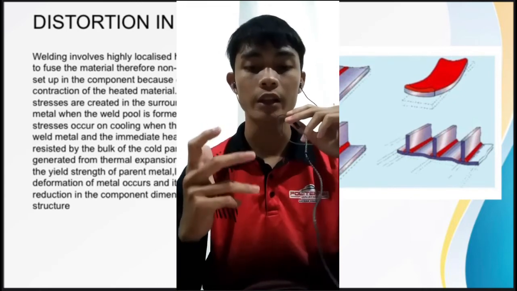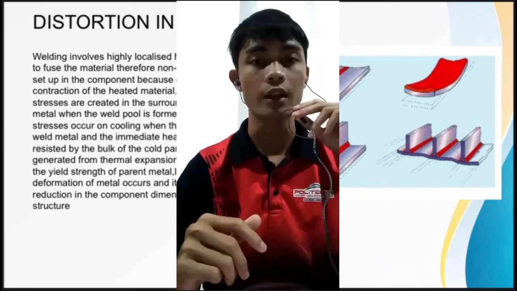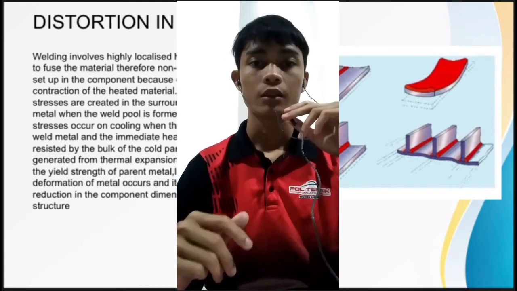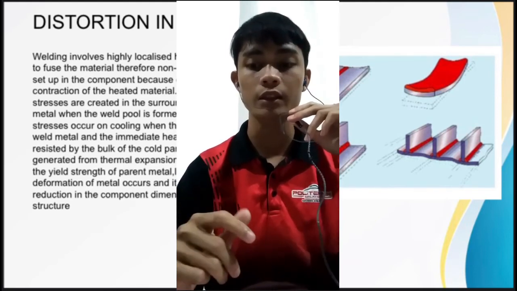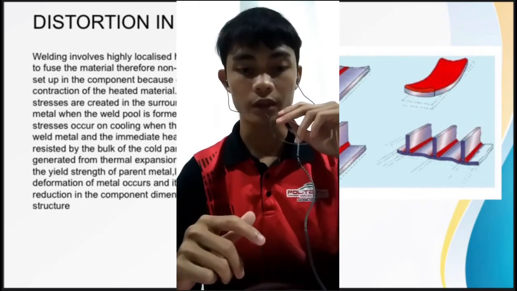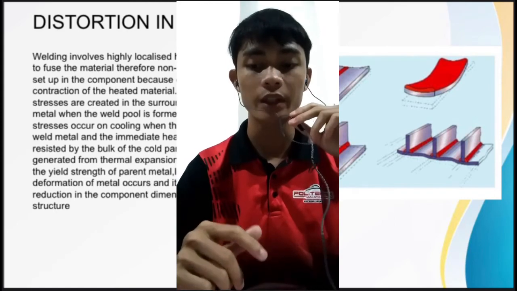Contraction of the weld area on cooling results in both transverse and longitudinal shrinkage. Non-uniform contraction through the thickness produces angular distortion in addition to longitudinal and transverse shrinkage.